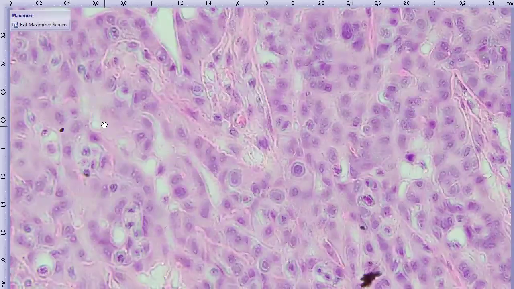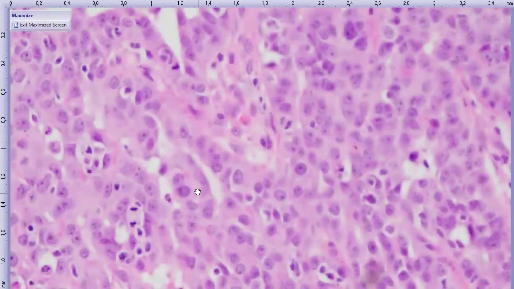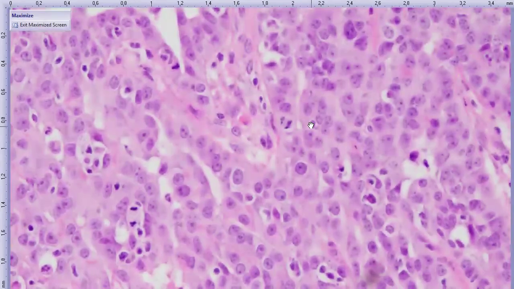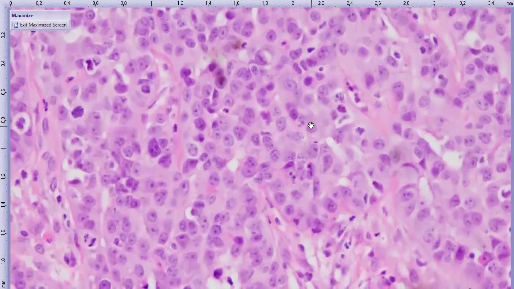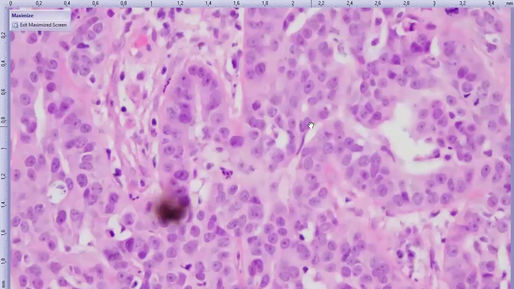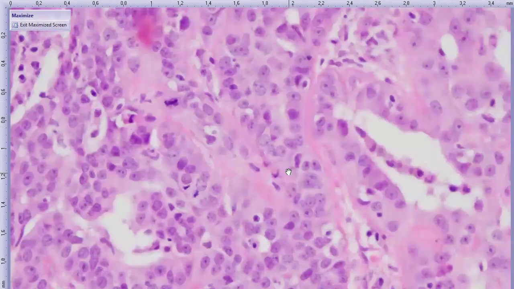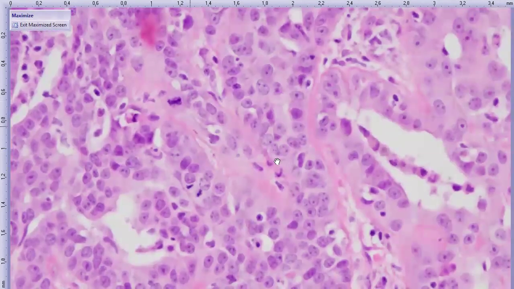They're cohesive, tightly attached to each other, so we're not talking about round cells, and they have oval to round nuclei and relatively good amounts of eosinophilic cytoplasm. See how they form these trabeculae everywhere. We have pretty obvious nucleoli everywhere. There are mitotic figures all over the place. Here's a beautiful one right there.